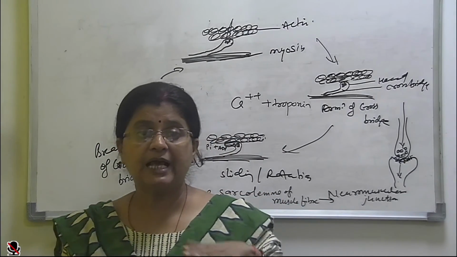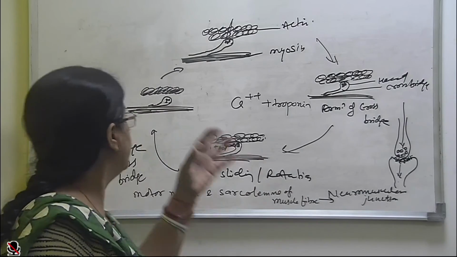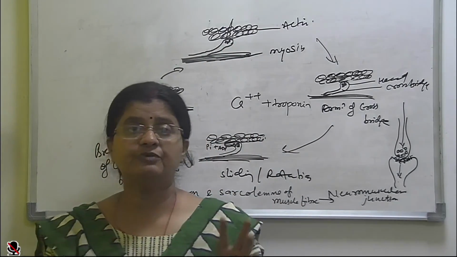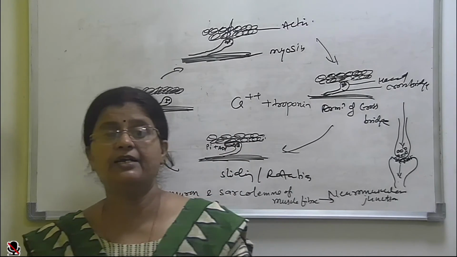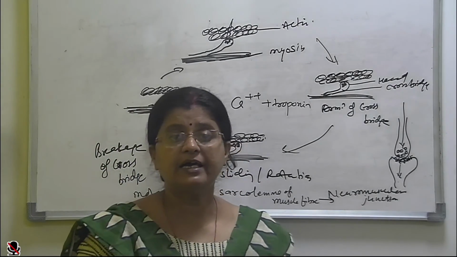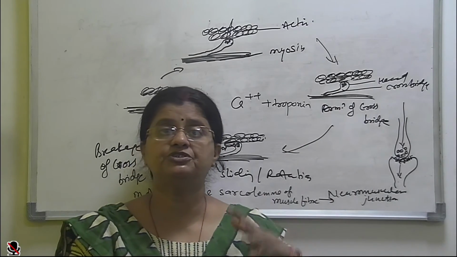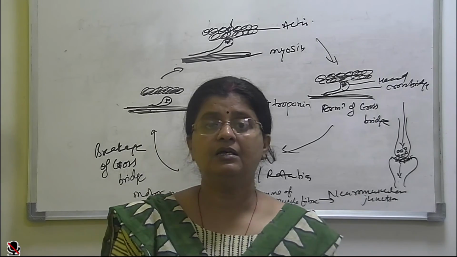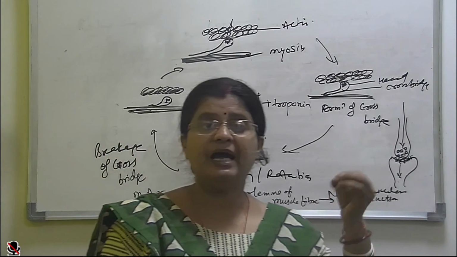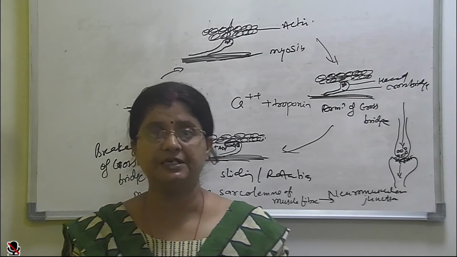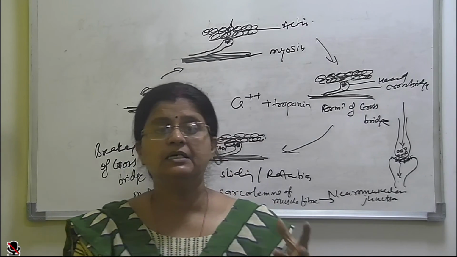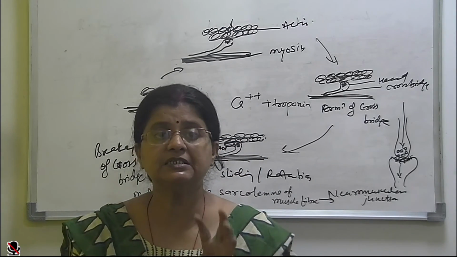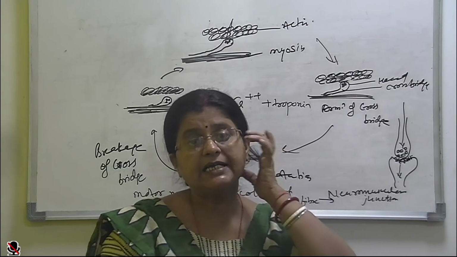So here again, what will happen? A new ATP will bind these cross bridges. It will be broken down, and this ATP is again hydrolyzed by the myosin head. Again, the cycle of cross bridge formation will continue, right? So this process continues till the calcium ions are pumped back into the sarcoplasmic cisternae, resulting in the masking of the actin filaments.